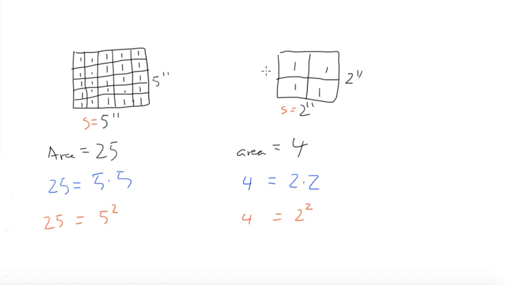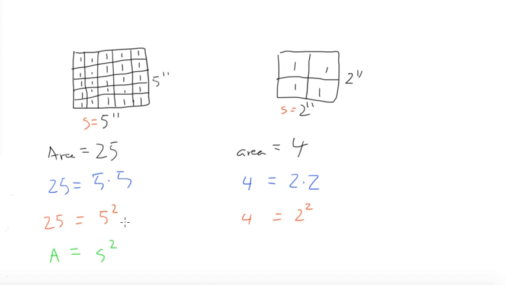And this is a side, that's a side, that's a side. All right. And so we could write that as a formula using variables such as these. So area could be replaced as A, and this 5, which is a side, could be replaced as S, and then squared.